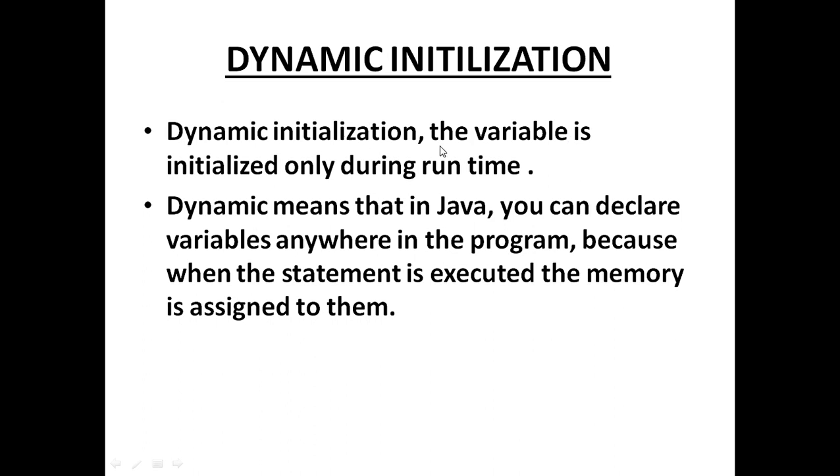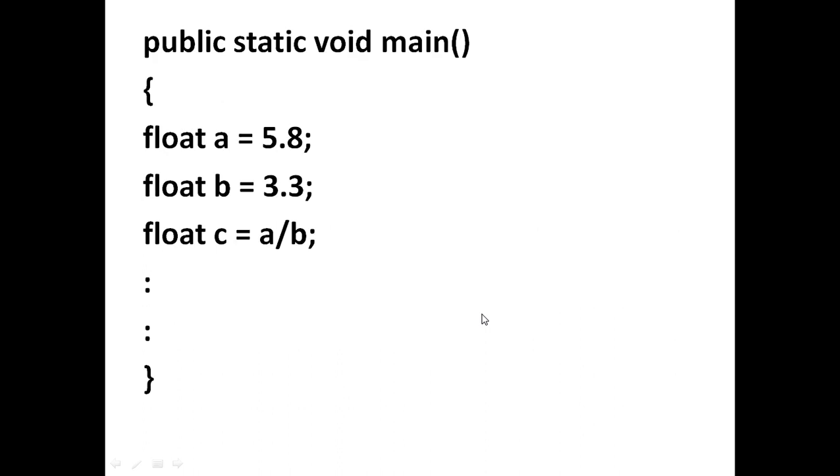Dynamic means Java can declare a variable anywhere in the program, because when the statement is executed the memory is assigned to it. For example, in public static void main, we can use float a = 5.8 and float b.